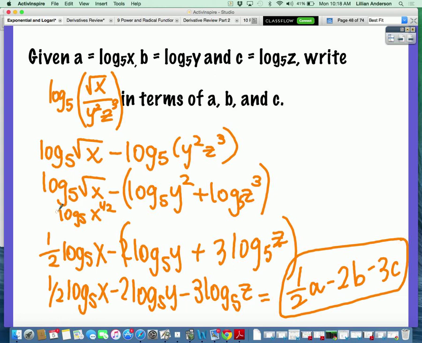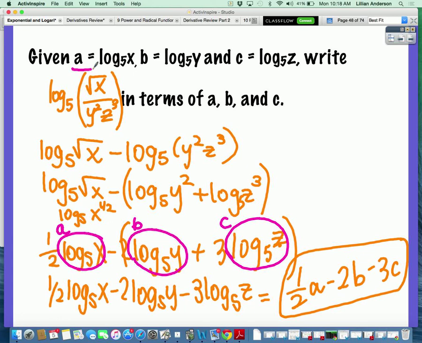The exponents were originally brought down using the laws, and then we were able to replace log base 5 of x, log base 5 of y, and log base 5 of z with A, B, and C, those respective letters, because that's what we were given in the very beginning. Okay, I'm just seeing it the way that our exponents were in before. Okay, I get it.